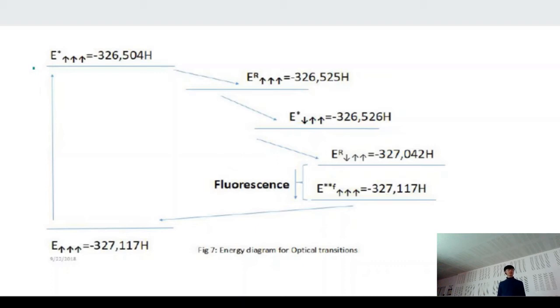Is the structure optimized or is it not optimized? I don't know. Every simulation we did was optimized. You mean the position of the atoms is optimized? Yeah, the structure, the position.